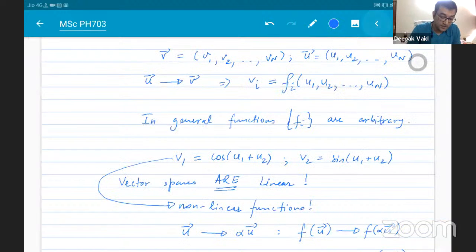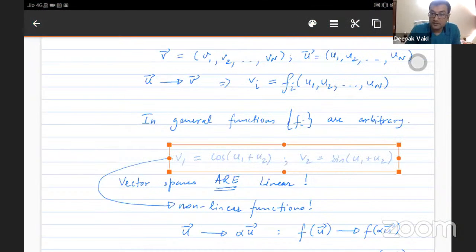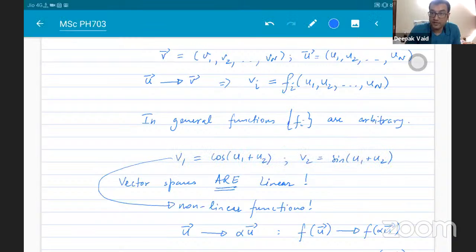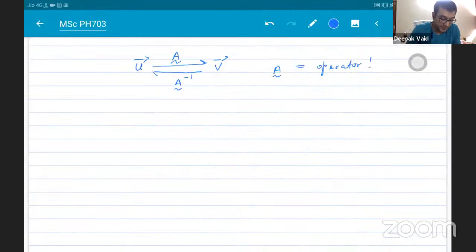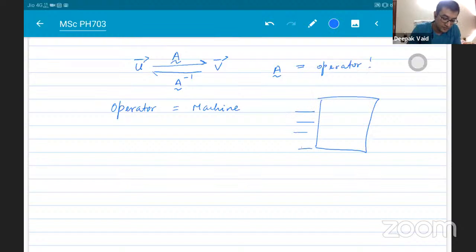Okay. Now, technically, any function, even this function, is also an operator. An operator is basically a machine. Okay. It has some inputs and it has some outputs.